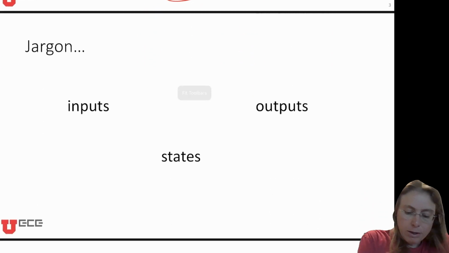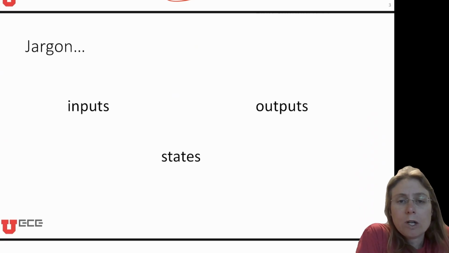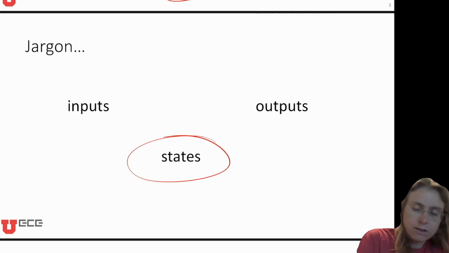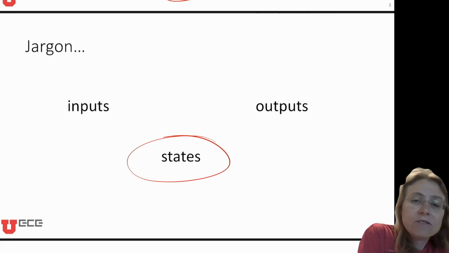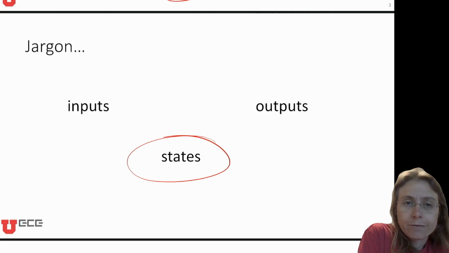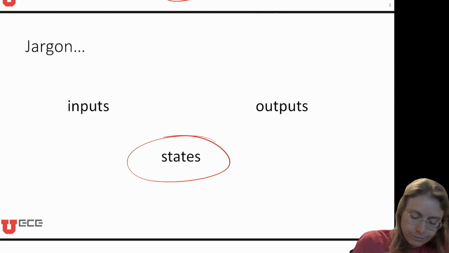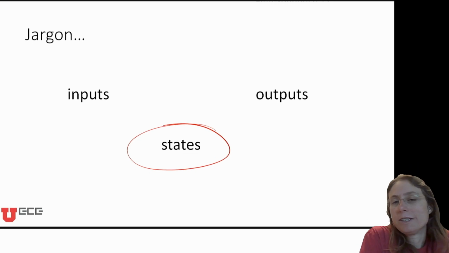So we've been talking about inputs and outputs for a while with our combinational logic. The new thing we're adding with the memory is what's called states. So a state is something we can be in depending on what the previous inputs were. So I'm trying to think of a good example of that.